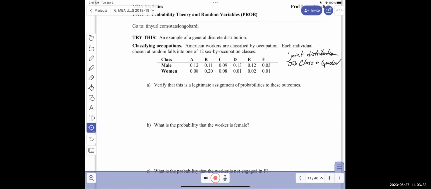All right, so let's verify that these probabilities are legitimate. What would make them legitimate is that they should total 1 in this joint distribution. A way to not waste time is to do it by gender. If you add up going this way, what do you get for males?